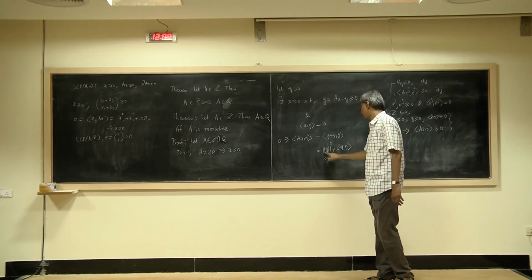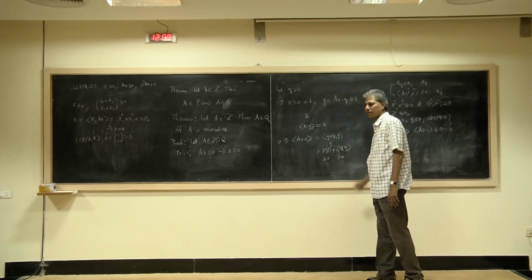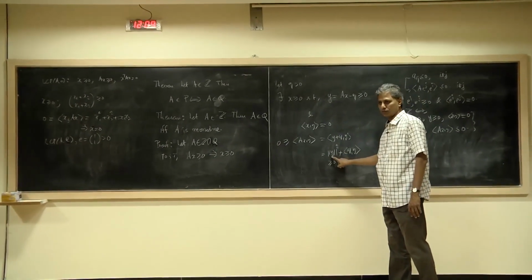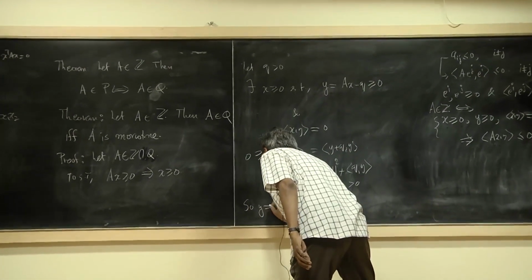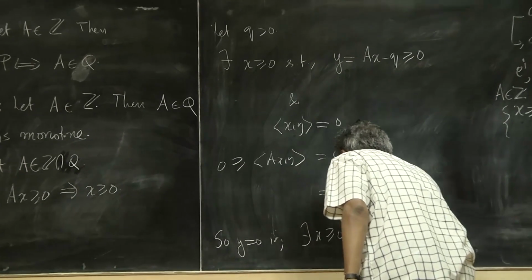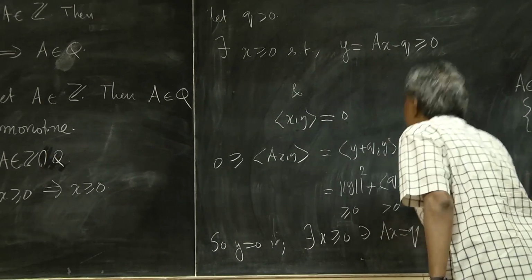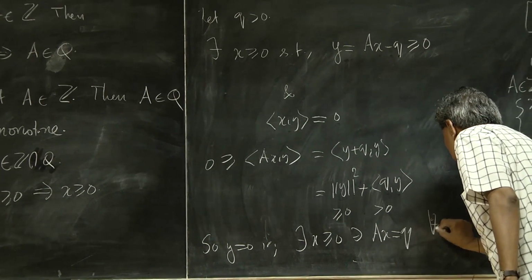A sum of two non-negative numbers that's less than or equal to 0 is possible only if each is 0. In particular, y is 0. That is, there exists x non-negative such that Ax equals q. y is 0 for all q positive.